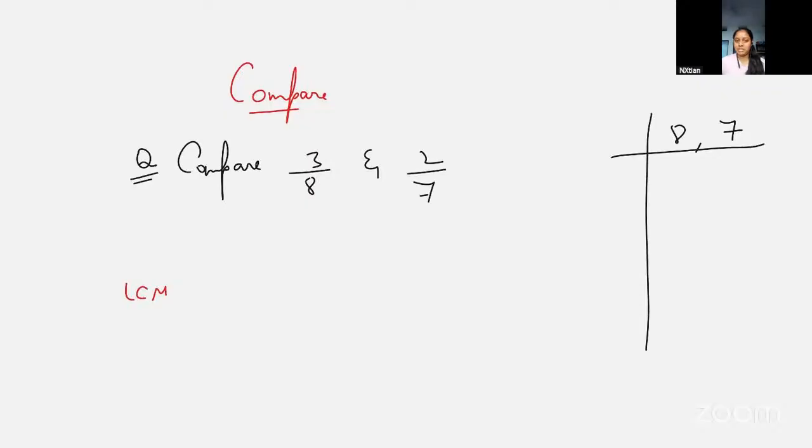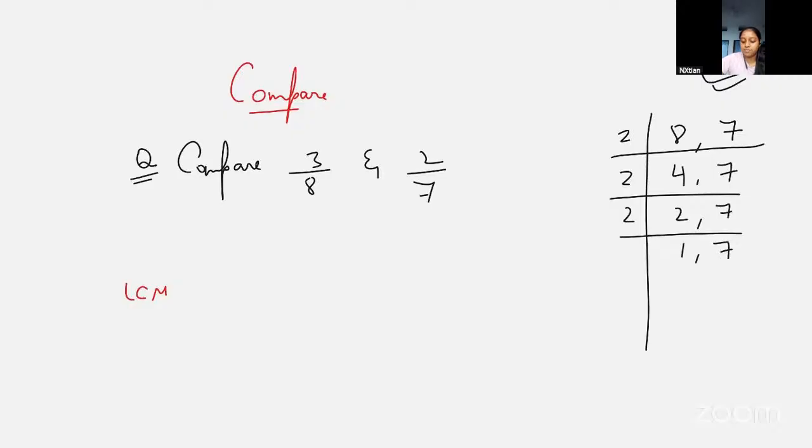But for bigger numbers, you can use this LCM method. 2 fours are 8, 7 as it is, because 7 doesn't come in the table of any other number. 2, 2s are 4, 7. 2, 1s are 2, 7 as it is, and 7, 1 as it is, and 1.